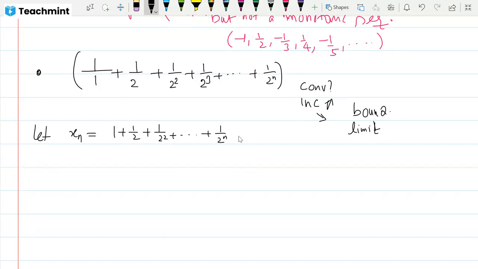So this is a finite geometric series, and all we know is the sum of a finite geometric series. Can anyone tell me what is the sum of this finite geometric series?